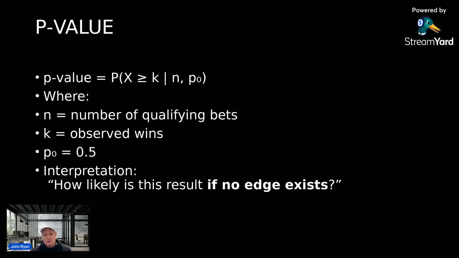In other words, is it random luck only, or is there a little bit of correlation going on? The smaller the p-value, the less likely it is that the result occurred by random chance. So again, the closer it gets to absolute zero, the less likely it is that results occurred by luck.